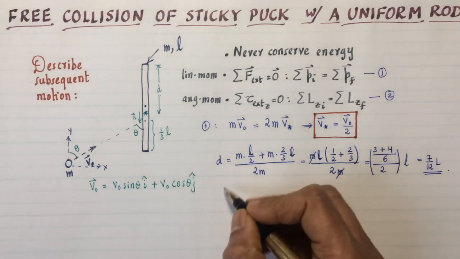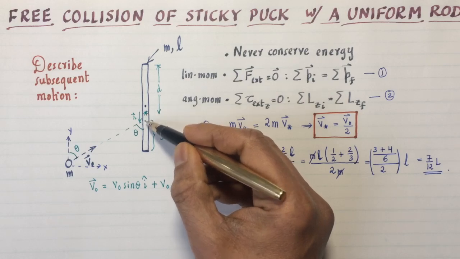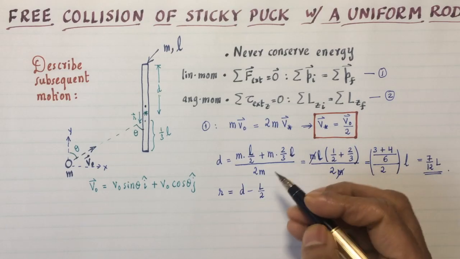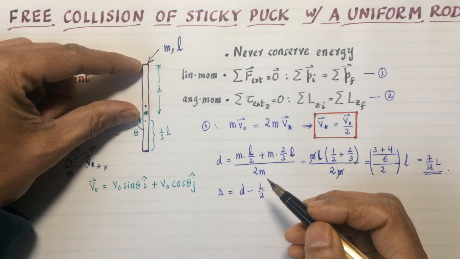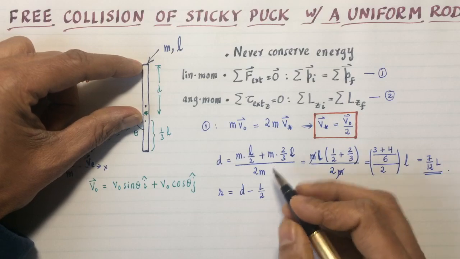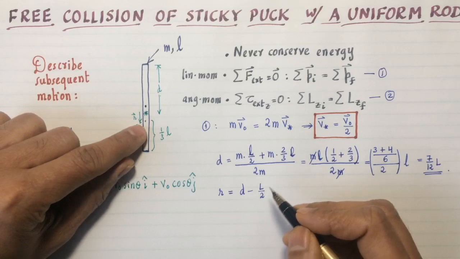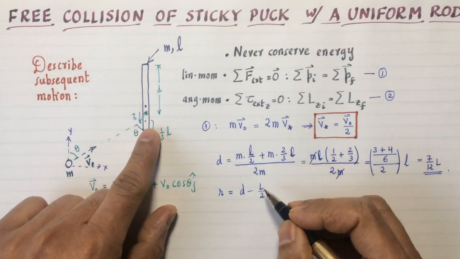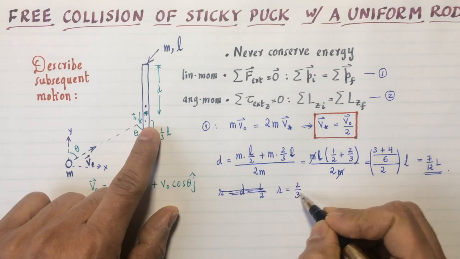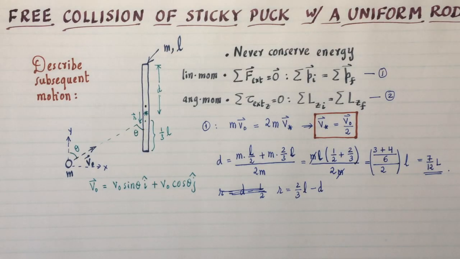Next, let's find out what r is, the magnitude of the vector that points from the new center of mass to where the puck is going to stick. Well, the r vector goes from the center of mass to the point of contact, so it's going to be 2/3 L minus d.